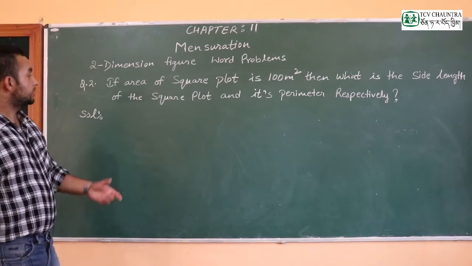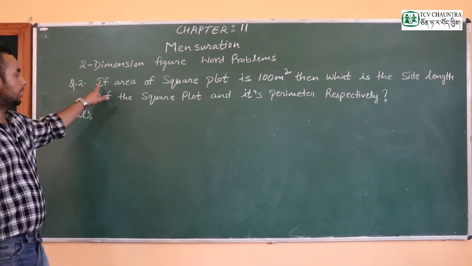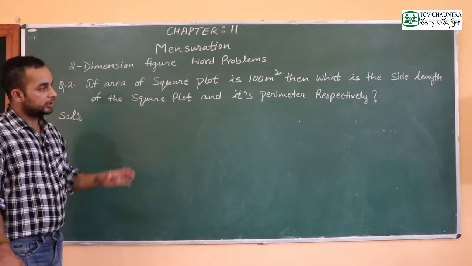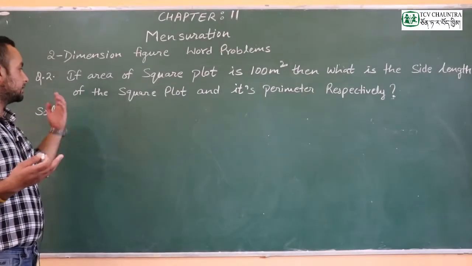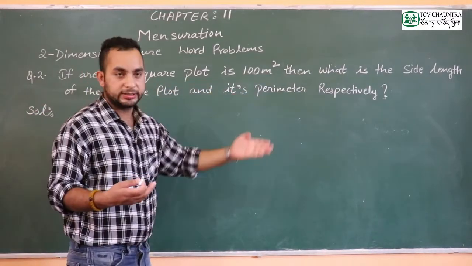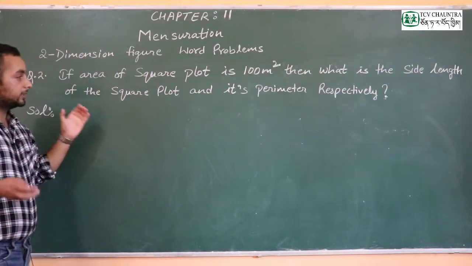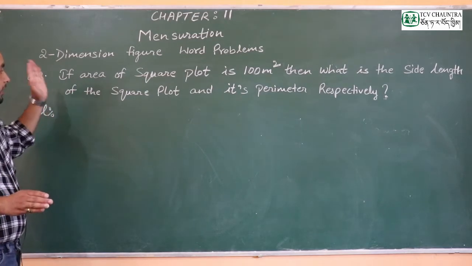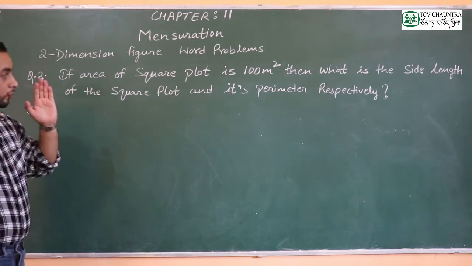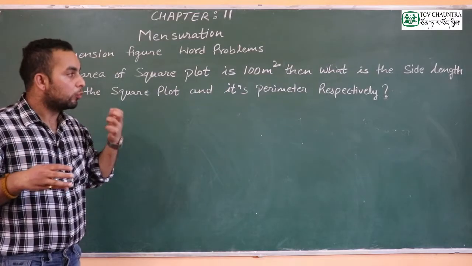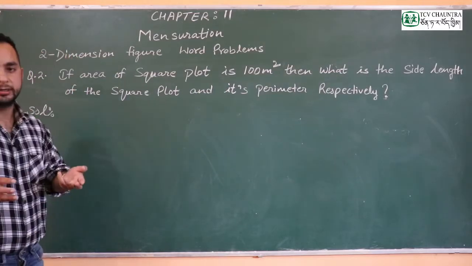Okay class, now coming to the second question. The statement is: if the area of a square plot is 100 meters square, then what is the side length of the square plot and its perimeter respectively? If the area of the square plot is 100 meters square, what is the side length of the square?